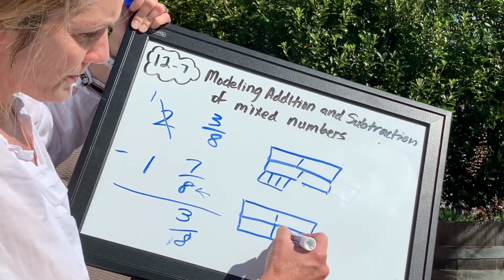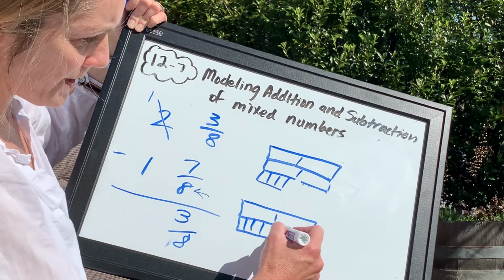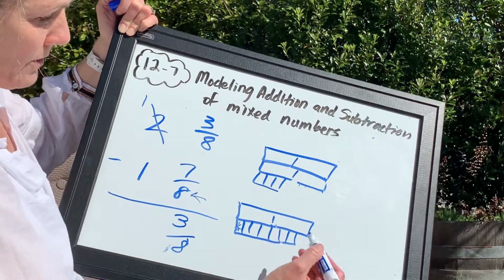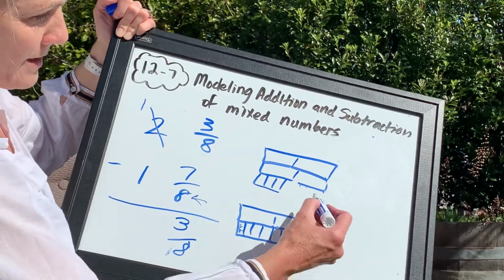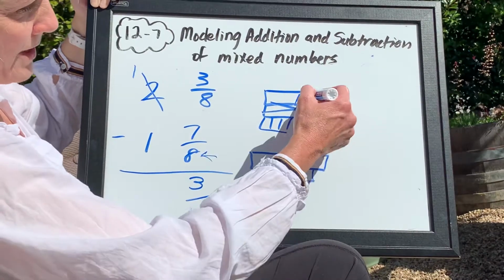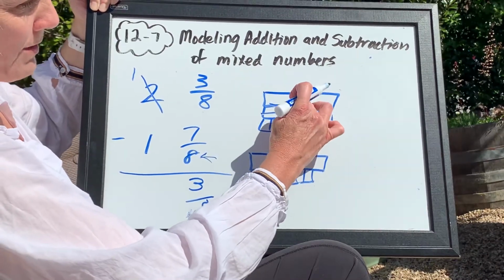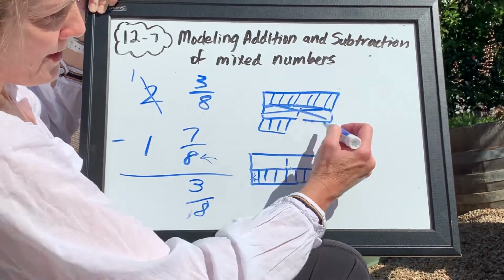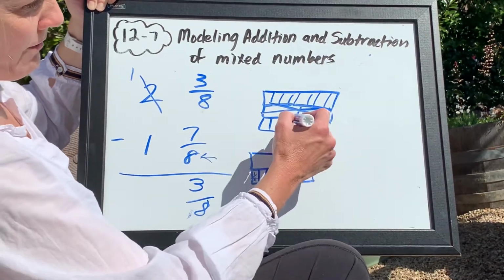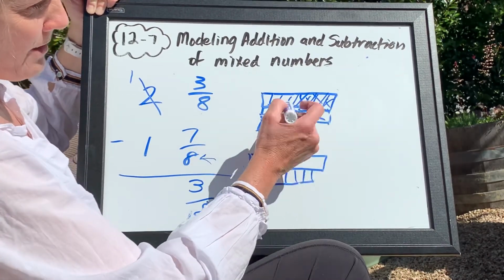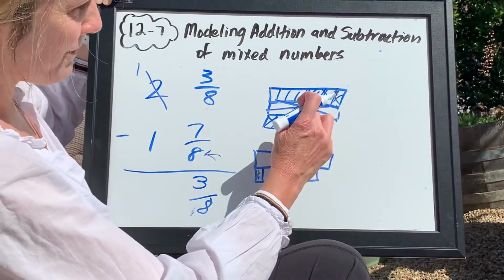There's 7/8. So if we were subtracting 7/8, we're taking this and slashing through, and we have to take this whole 1 and translate it into 8s. And then we have to subtract that 7 from it. 1, 2, 3, 4, 5, 6, 7. And then we should be left with 3/8.